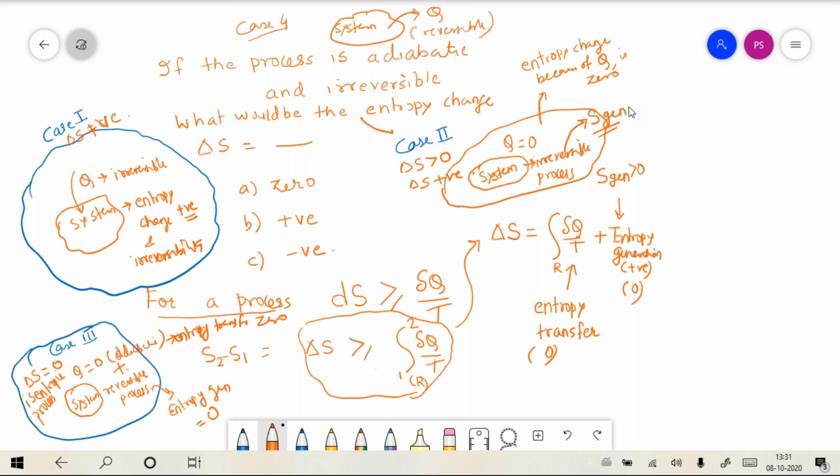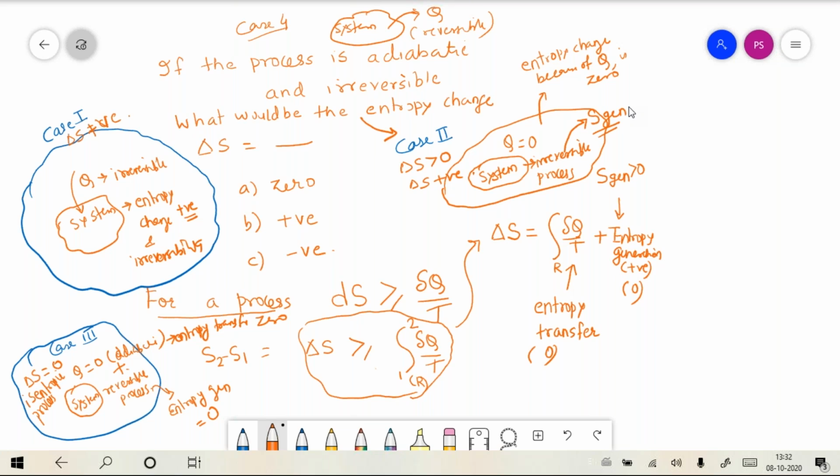However, because of irreversibility, the entropy change would be positive. Because this question falls in case 2, the correct answer is that the entropy change will be positive in spite of the fact that the process is adiabatic.